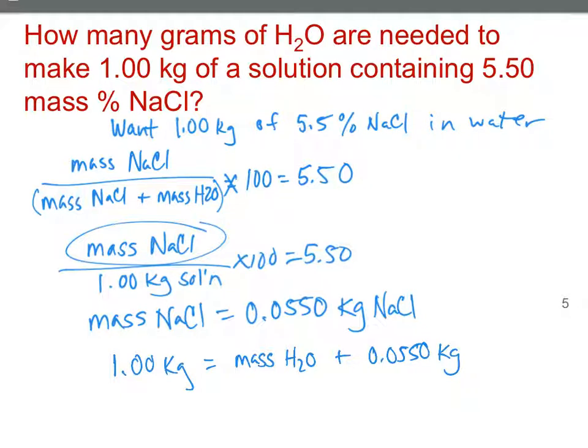And so again, we can simply solve for mass of water, and I end up with 0.945 kilograms of water. That was a little harder, right? Questions on this one? Yes.